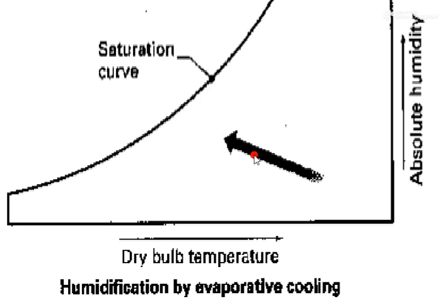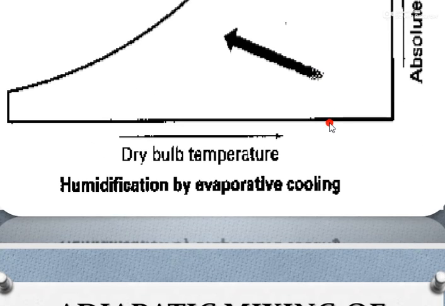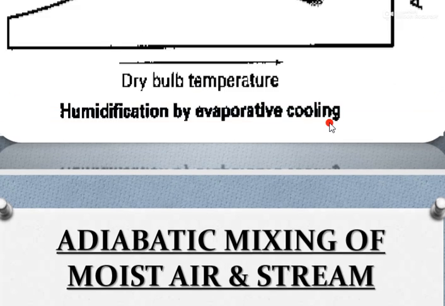So in the negative x direction, the cooling process is done. Similarly, if we match the line with the absolute humidity line, you can see W1 is here and W2 is here. So W2 minus W1 will give the amount of humidity or moisture added to the moist air. So this is humidification by evaporative cooling.